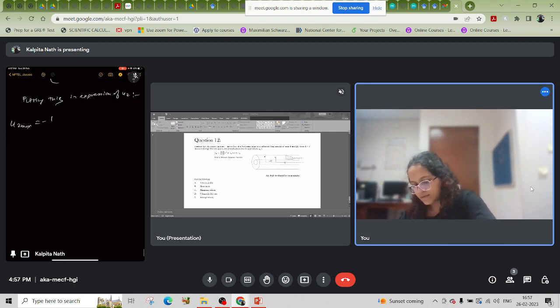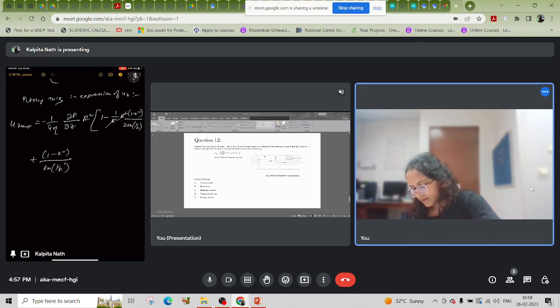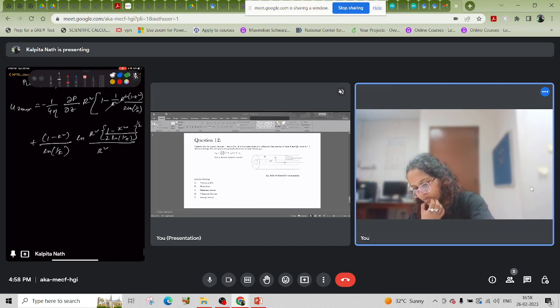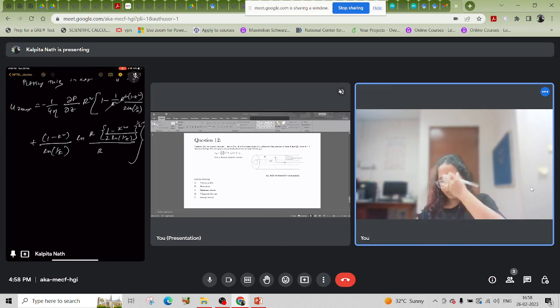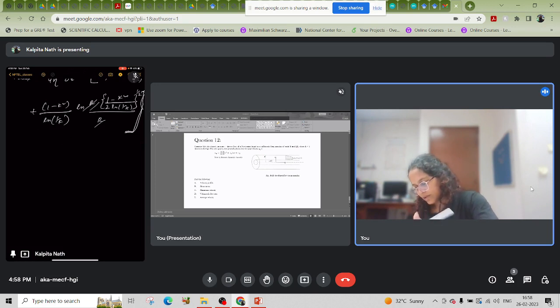So maximum velocity is minus 1 by 4 eta del p del z capital R square 1 minus 1 by r square 1 minus kappa square by 2 ln 1 by kappa plus 1 minus kappa square ln 1 by kappa ln r star by capital R, not square, sorry, this is r. Okay, so this r and r will be cut off.